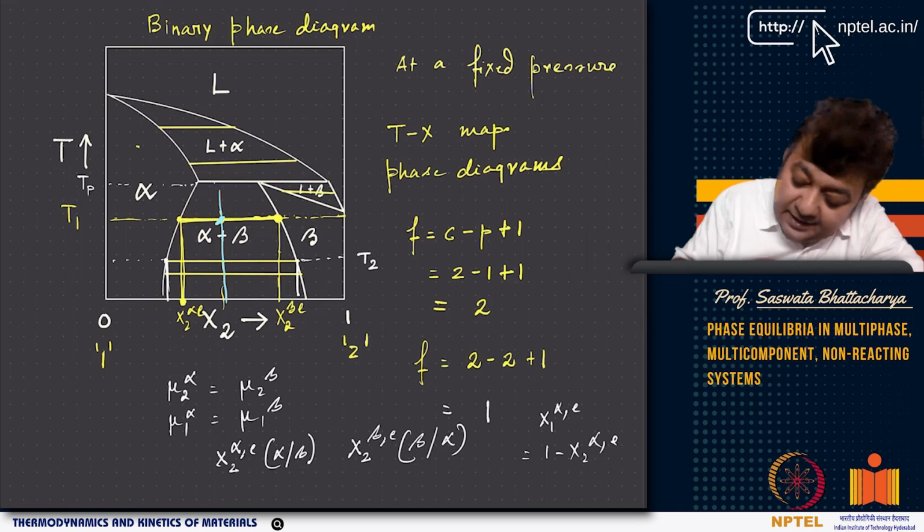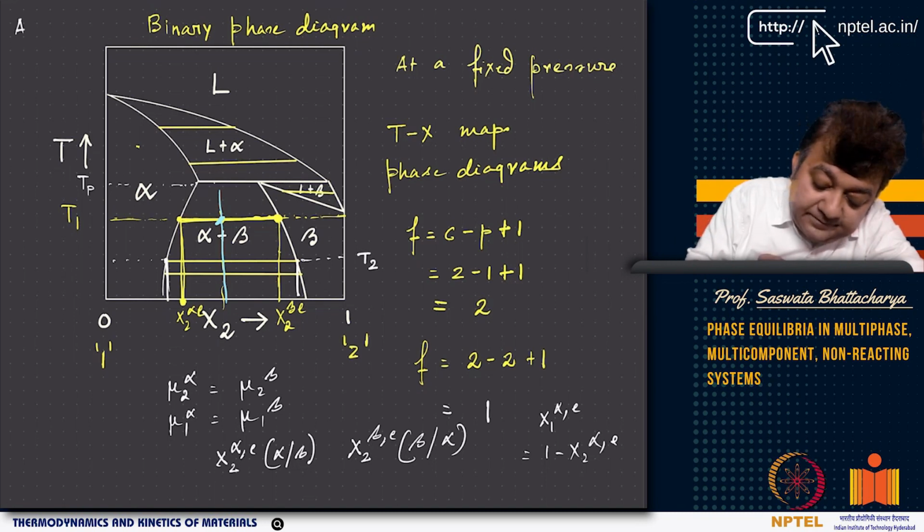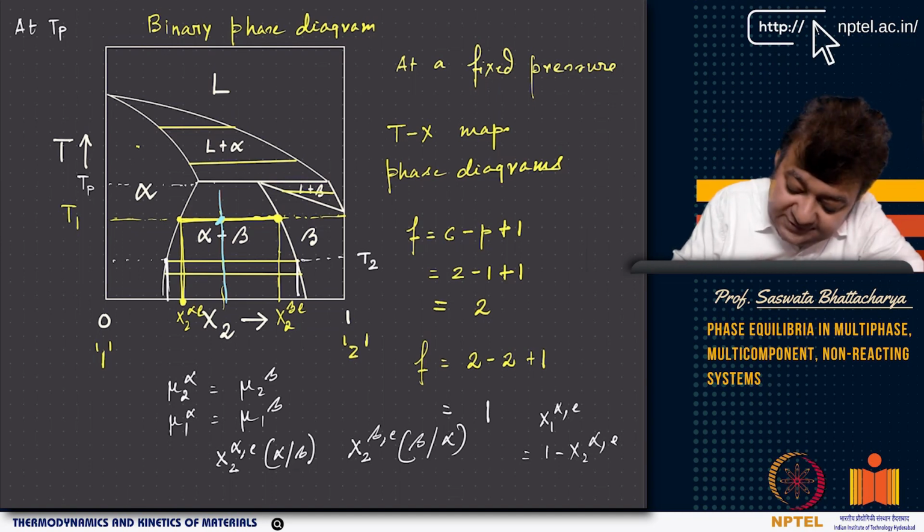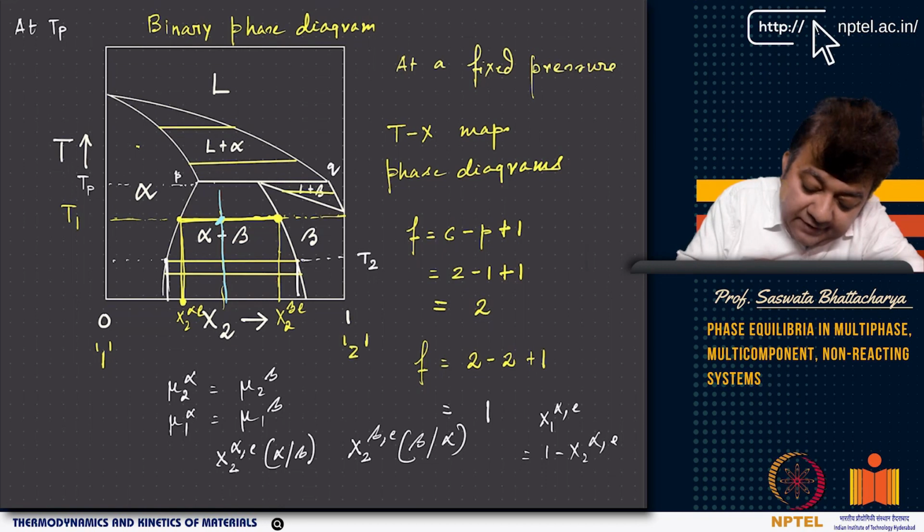So F at this TP, along the line, obviously not here, not here, but as soon as you go along this line, say let's call this line PQ. If you go along this PQ line, any point on the PQ line will have F equal to 2 components minus 3 phase coexistence plus 1, 2 minus 3 plus 1, which is equal to 0.